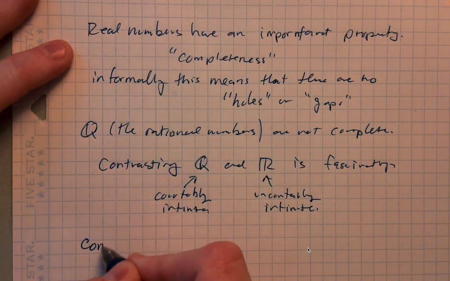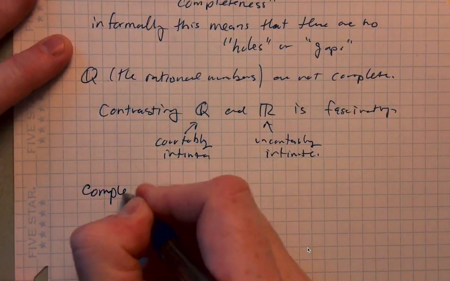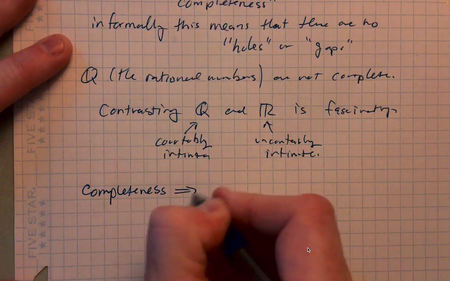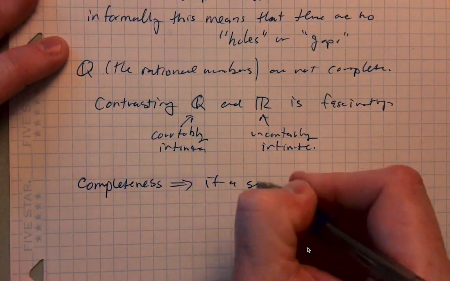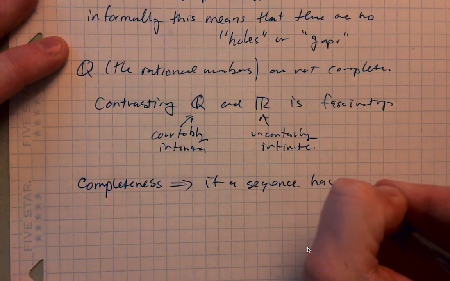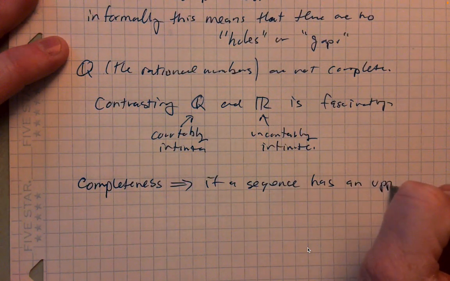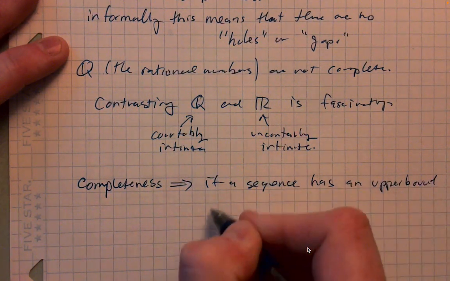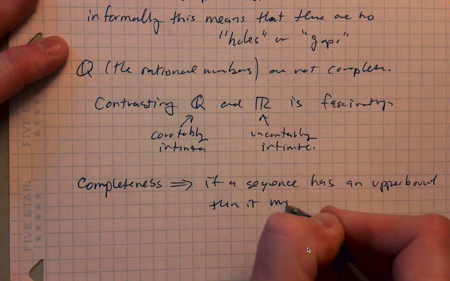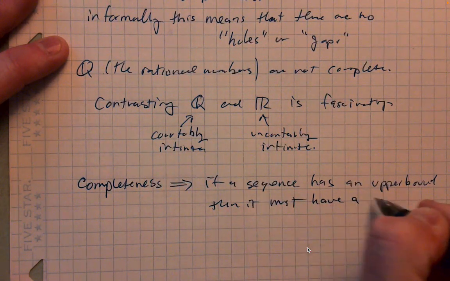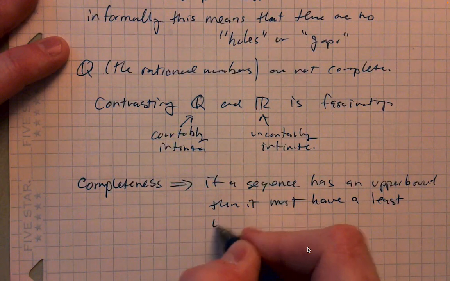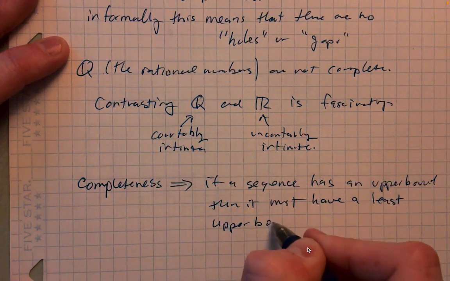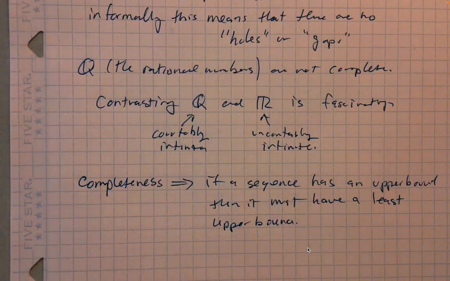So completeness implies if a sequence has an upper bound, then it must have a least upper bound. A least upper bound is basically just an upper bound that is the smallest.